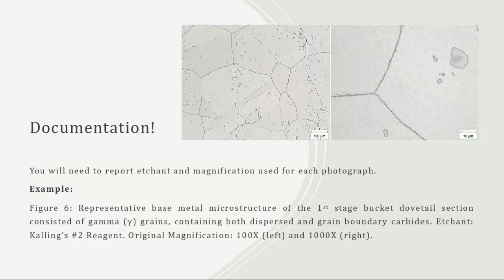I have to identify what I'm looking at and the location of this microstructure, and describe what you are looking at. So in this particular case, this dovetail section consisted of gamma grains containing both dispersed and grain boundary carbides. Gamma grains are austenitic grain structures, which are typical of a nickel-based superalloy. And the etchant that I used to reveal this structure was Kalling's No. 2 reagent, also a very typical etchant for superalloys.